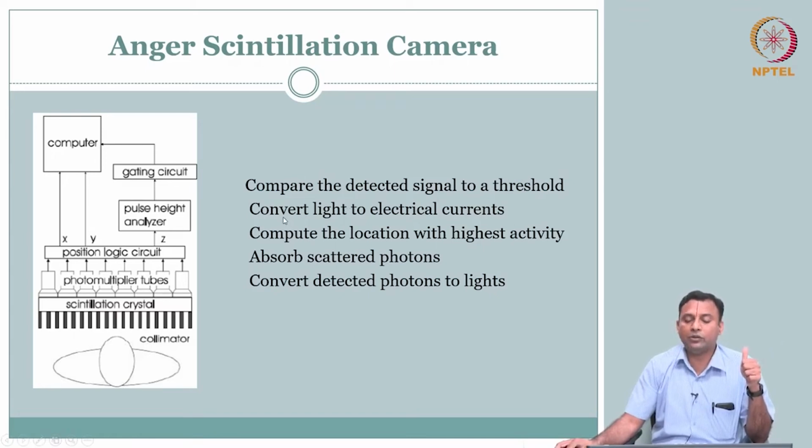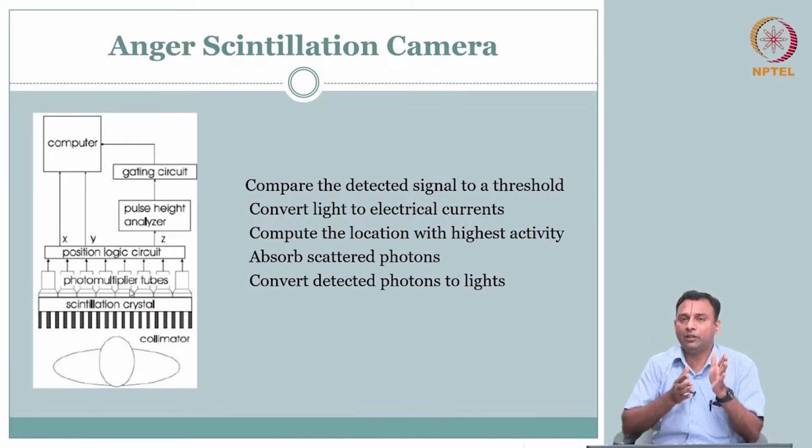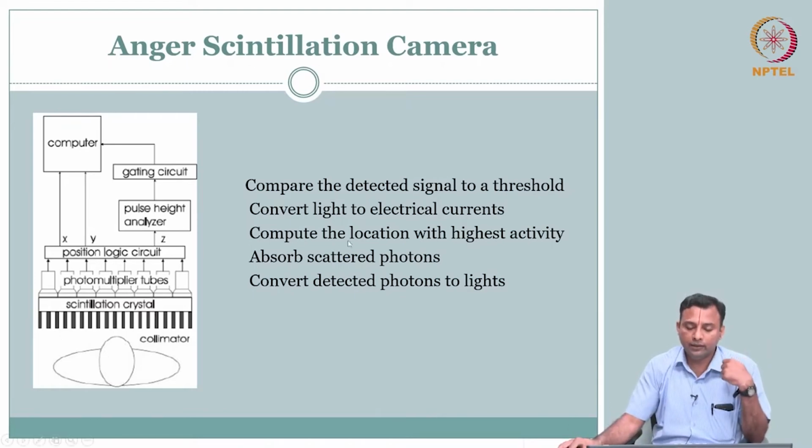The idea here is you convert the light signal. In your X-ray, if you think about it, we had these intensifying screens, so the light photons were directly captured on the X-ray film, whereas here it is not direct, that light photon is further converted to electrons and then, right, you compute the location.